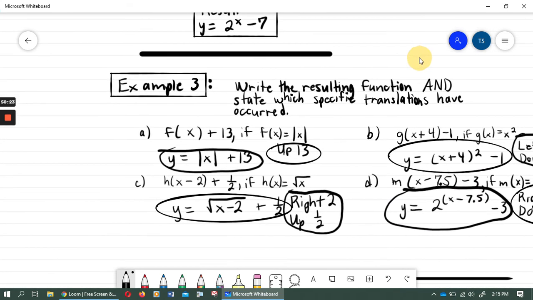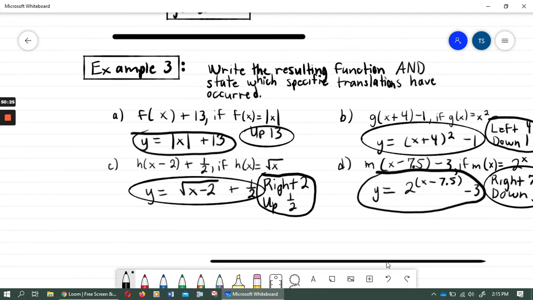For example 3, I kind of skipped over 2 of those because again, guys, the pattern is really going to be the same.